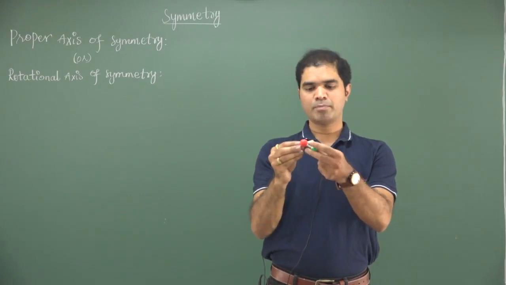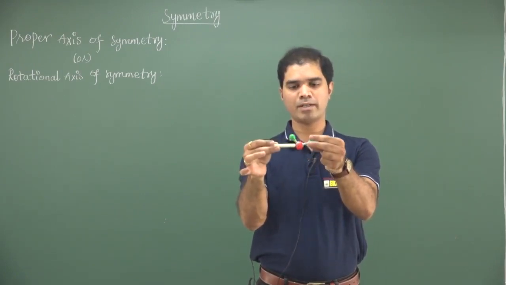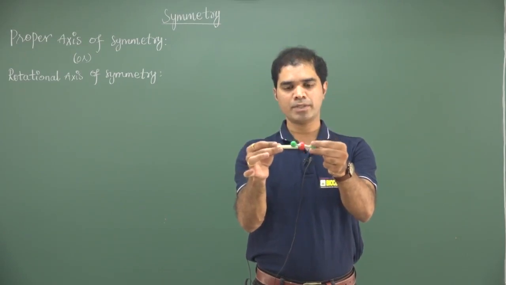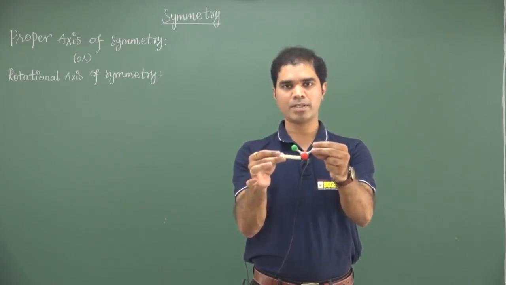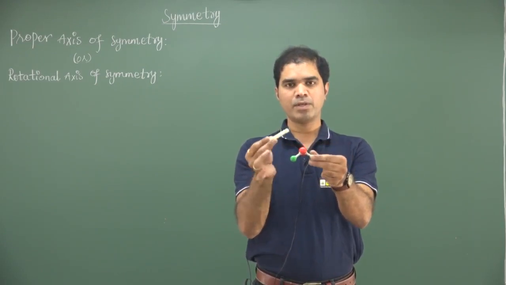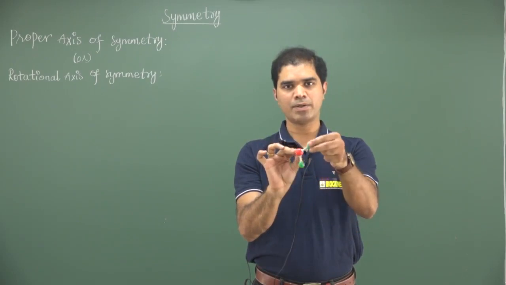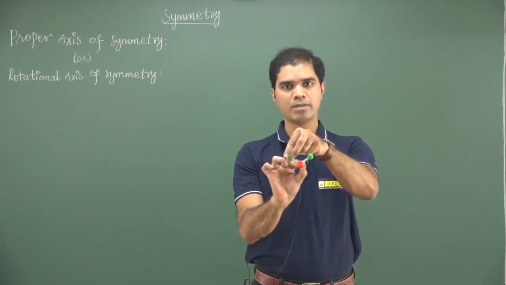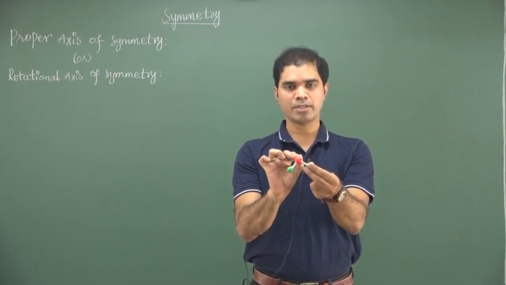So suppose that I am passing a rotational axis along y, and if I am trying to rotate by 180 degrees, the 2 hydrogens which were below, now they are coming above. So this is not a valid rotational operation. Or just let me pass it through x. The 2 hydrogens are below, and as I rotate by 180, now these 2 hydrogens are going above. This is also an invalid operation.